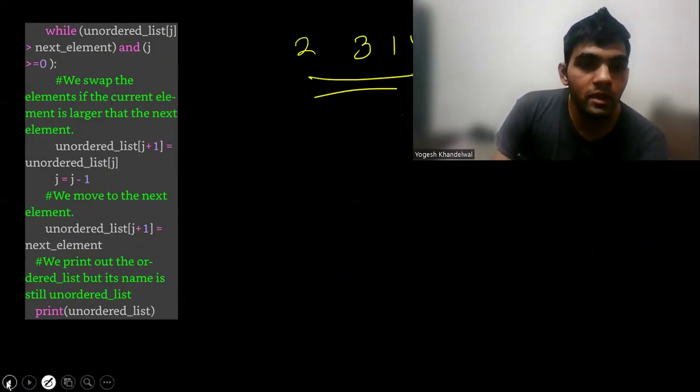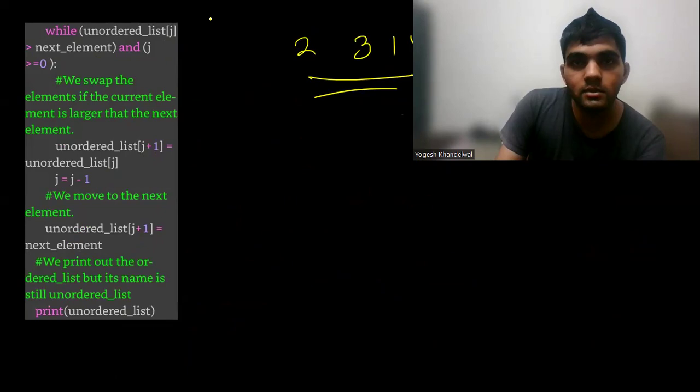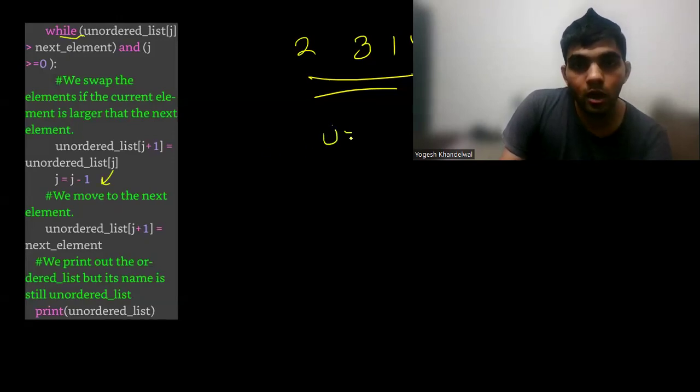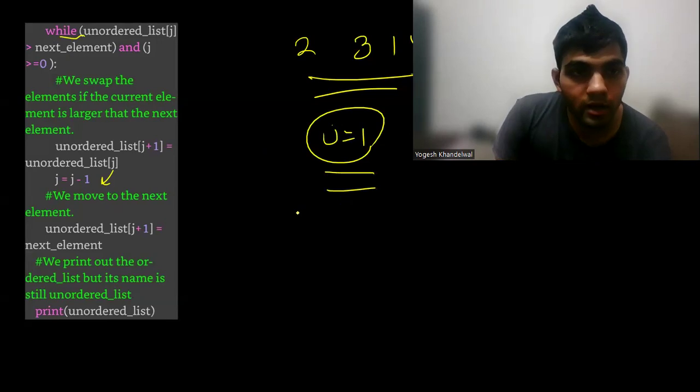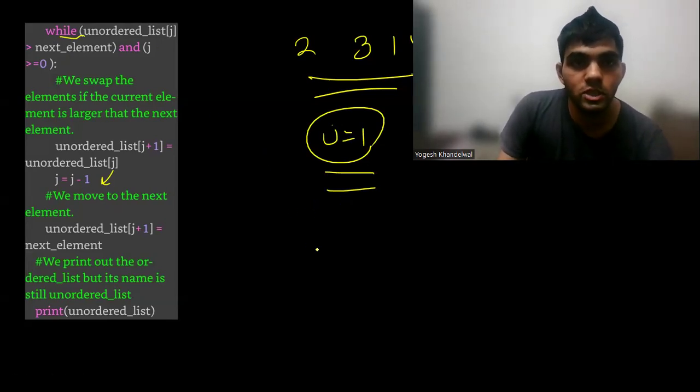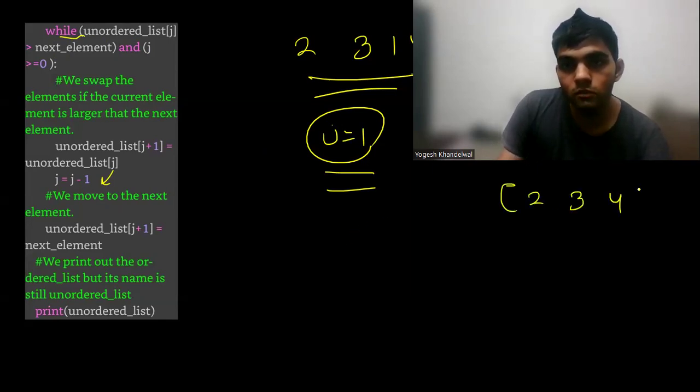So we again check for this while loop. Now we have decreased j by 1, so now j is 1. So again we have to check for this while loop. So unordered list of j, initially our list is 2 3 4 1.